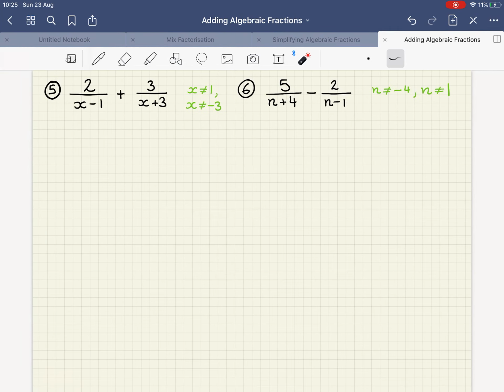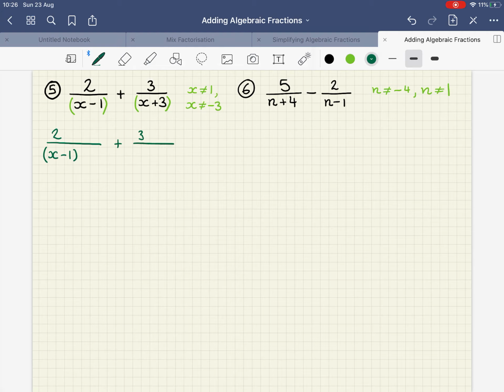Okay, so next one then. So I've got 2 over x minus 1 and then plus 3 over x plus 3. First thing you should always do when it's a group is just put brackets around it. So they are little sections. Okay, so same idea.